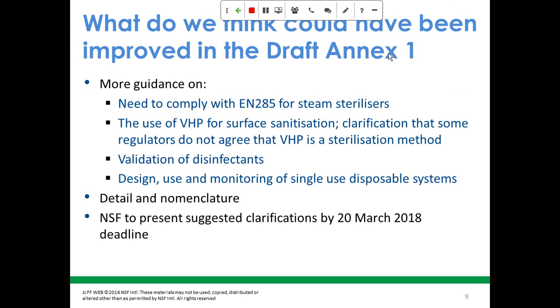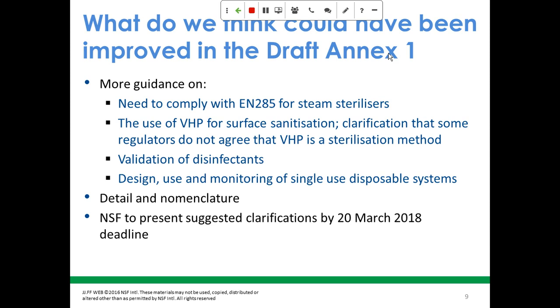So we've reviewed the draft Annex 1 with our NSF team of experts, and we felt that there was going to be a need to improve the Annex 1 draft to the next level, to really take into account more detail on particularly the following 4 items. So the first item critically is to have a much clearer set of guidance on whether there is a mandatory need to comply with EN 285.